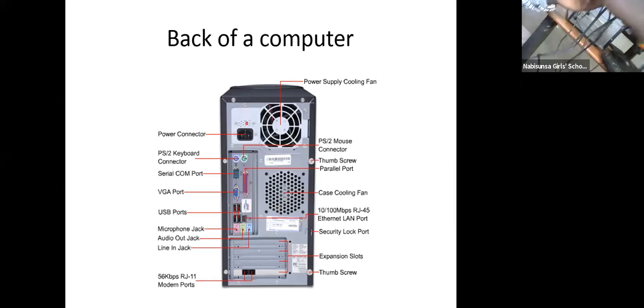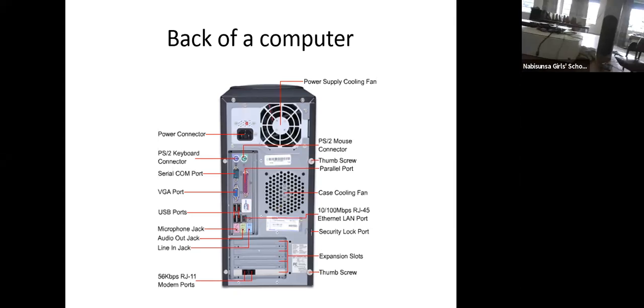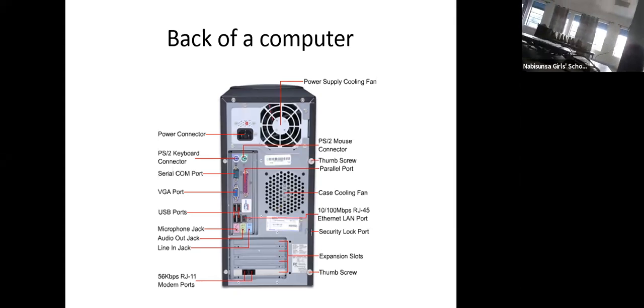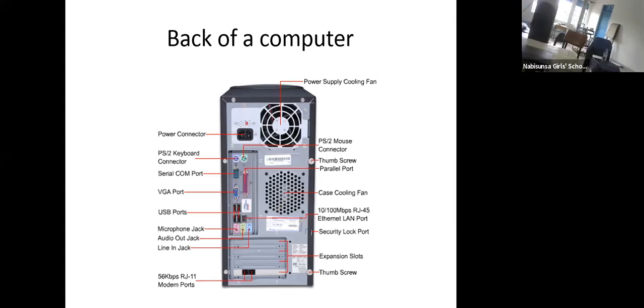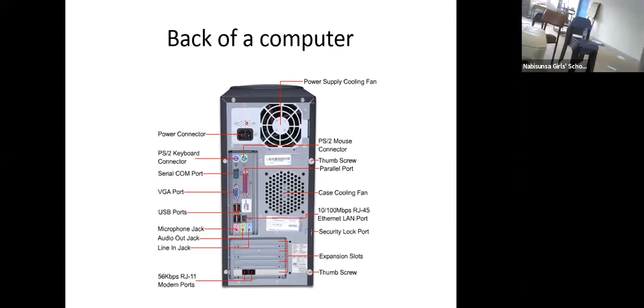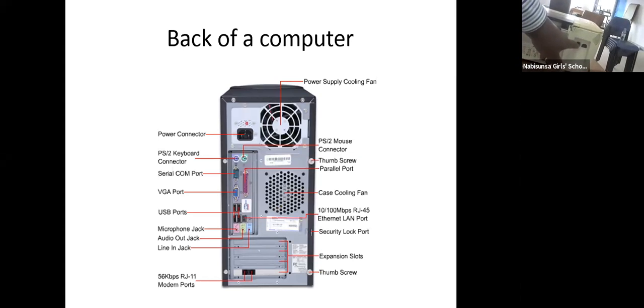So someone come and bring the printer. We have the printer here. This is our printer, and this is where the cable goes. Here, this is power, and this is the cable.